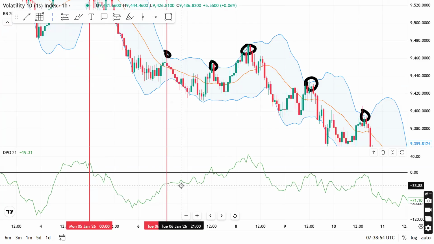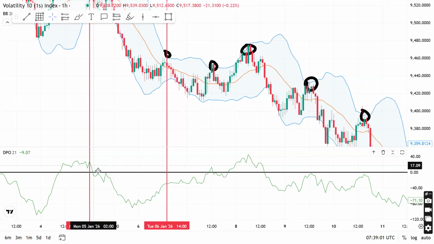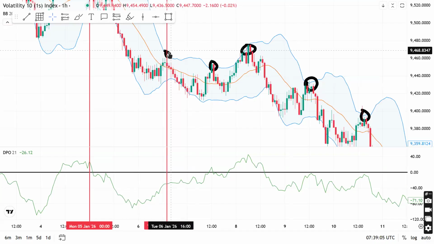Higher time frame must align with lower time frame. So 24 hours, we have our DPO being below 0.0 on 1 hour. While price is touching the highest part of the Bollinger Band, price has to also be below what? DPO. Now, this is a very perfect way to enter.